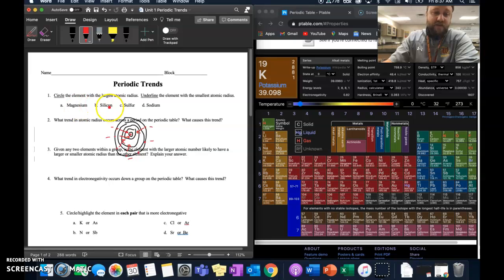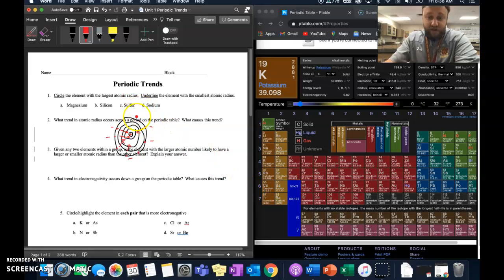So we have magnesium, silicon, sulfur, and sodium. So here you have magnesium, not too far away from francium. Then we have silicon much further away. Here's sulfur, a couple more elements away, so even further away from francium. And then lastly we have sodium. It's actually one element closer to francium than magnesium.